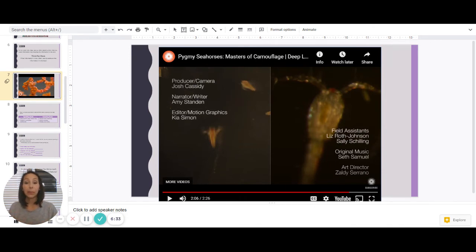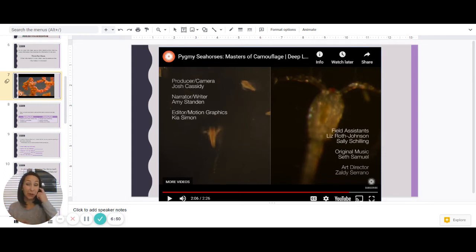It also said that the pygmy seahorses stay in the same area. And if you remember in this text, they also mentioned how the seahorses really kind of have a home base where they just stay and really don't go far from that same spot.